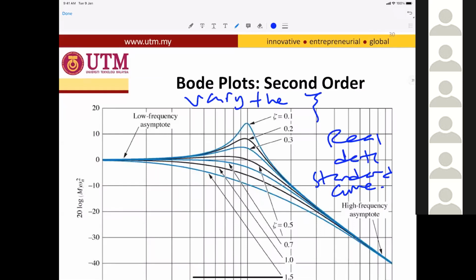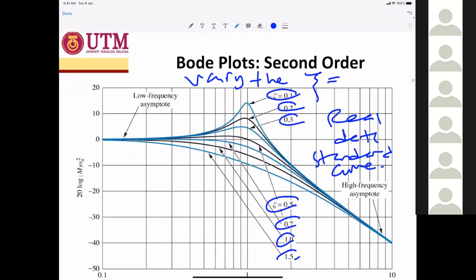Nurliana Izzati, what is zeta? Damping ratio. Remember, in chapter 2, I talked a lot about zeta lines crossing the root locus.